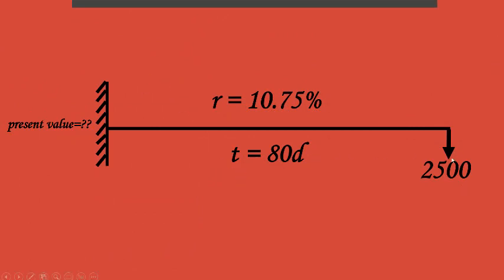In this timeline, after 80 days, we have S equal $2,500, and we need to get the present value by using R equal 10.75%.